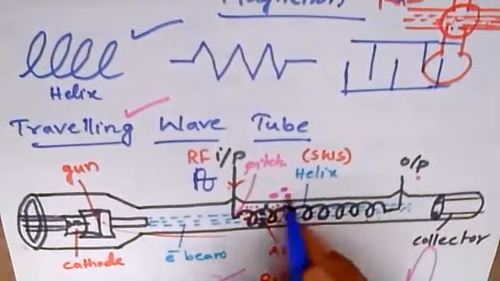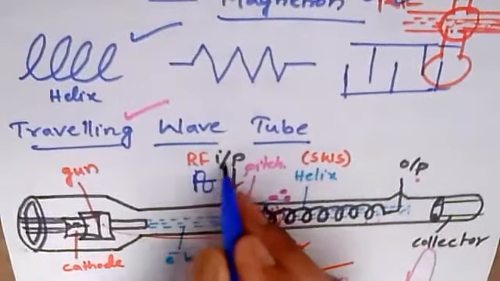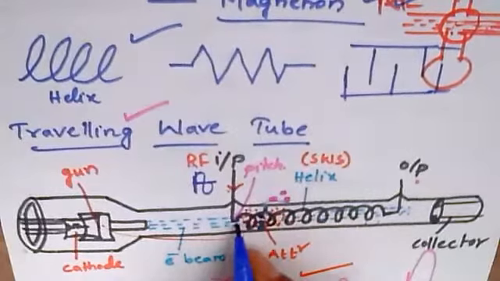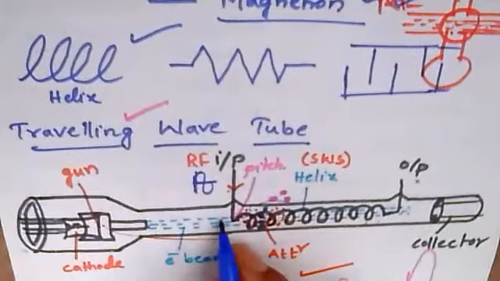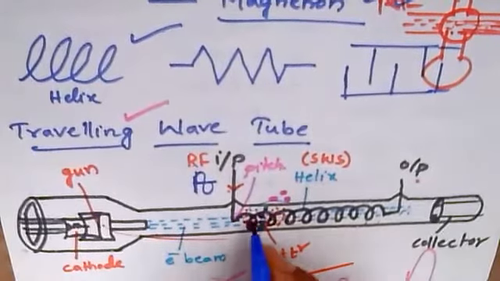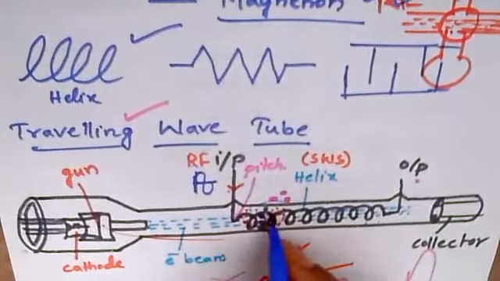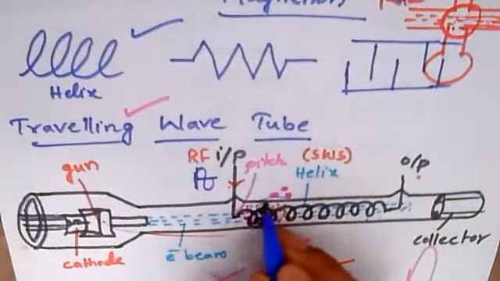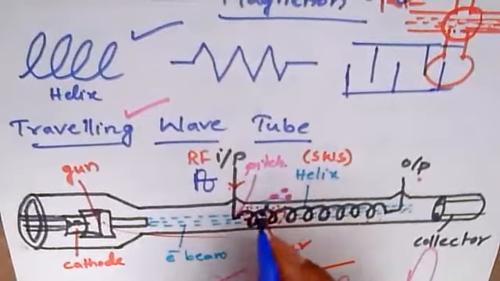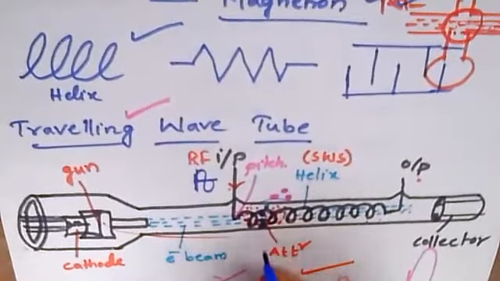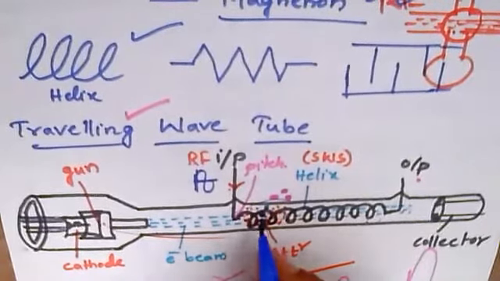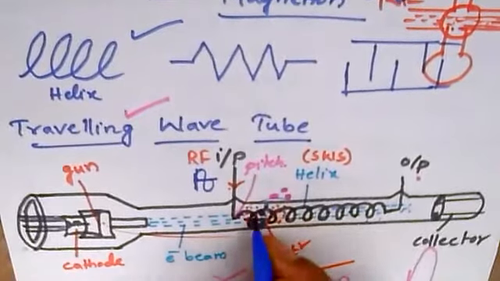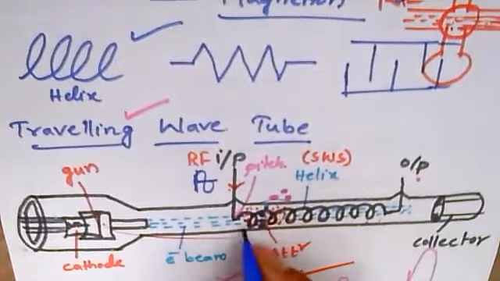So the magnetic field will be produced along with the RF input, and an axial electric field will develop due to the RF input. Because of the oscillations and the slow wave structure, some magnetic field is developed over here, which is also responsible for suppressing the oscillations that are created. To avoid the dispersion of the electron beam, this magnetic field plays a vital role.